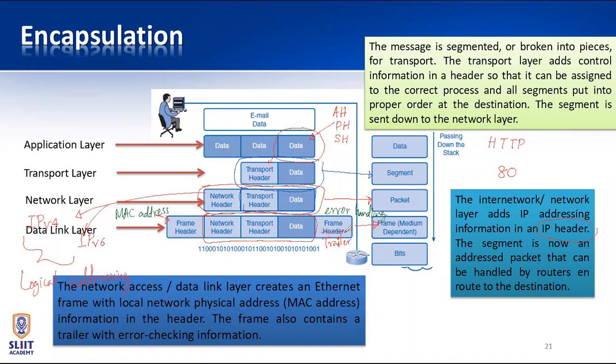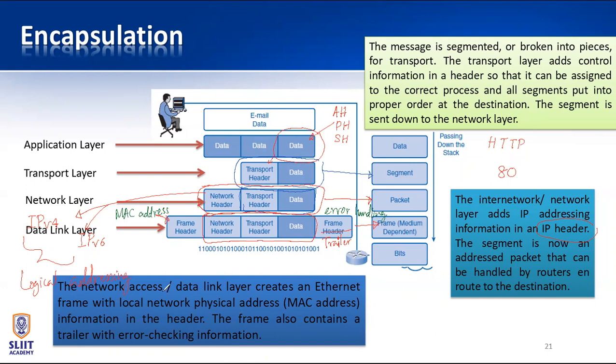They will receive error-prone data from the physical layer, so it will be taken care of and corrected by the data link layer. We are going to discuss this error handling process in lecture 14, right? So just remember, in the frame trailer, you can find error handling information. That's what is explained here.